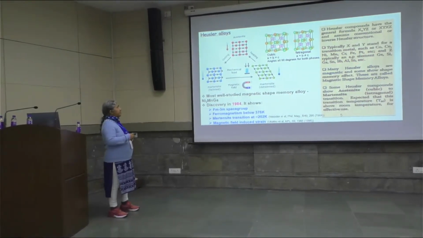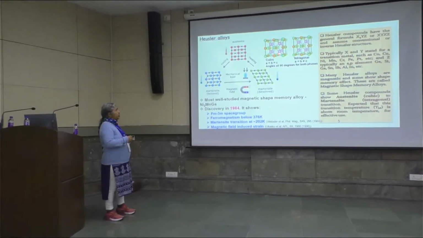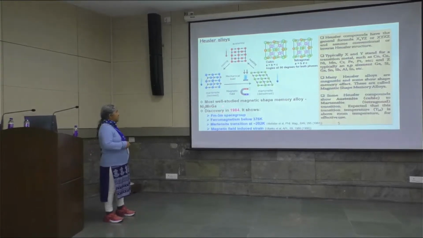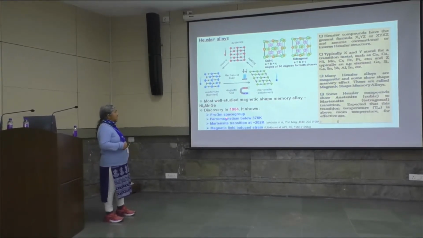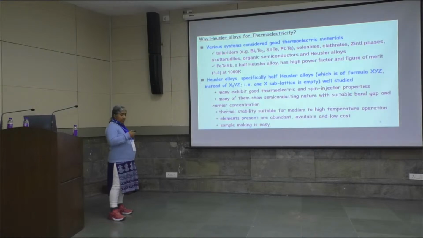Typically, many of them, specifically the full Heusler alloys, undergo a cubic to tetragonal transition. This is just the schematic, and the most well studied Heusler alloy is Ni2MnGa, which was discovered in 1984. It is a ferromagnetic shape memory alloy. I am talking about the full Heusler alloys here. Many of the half Heusler alloys don't undergo this kind of transition.